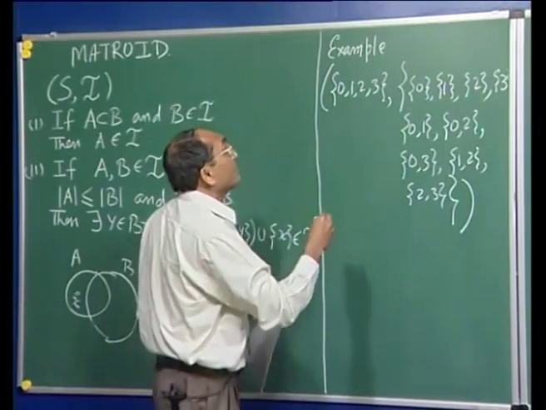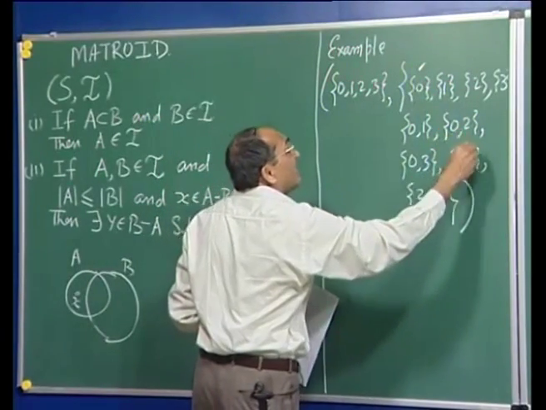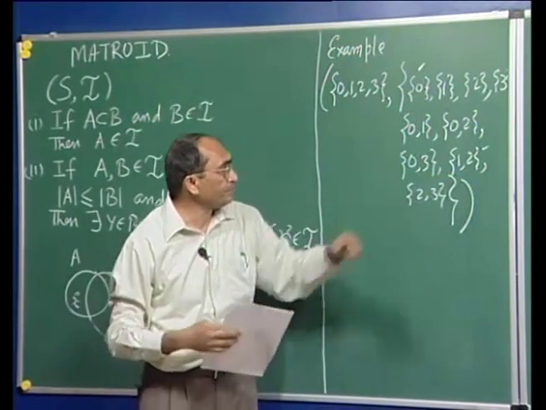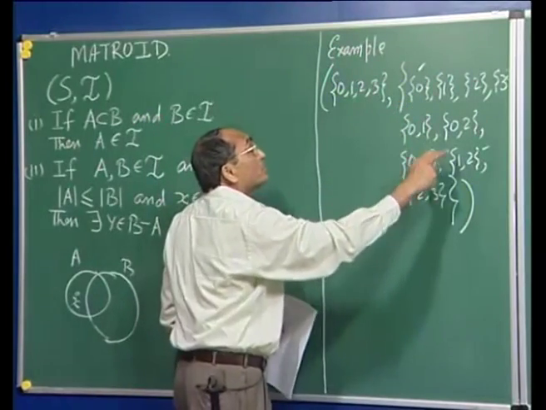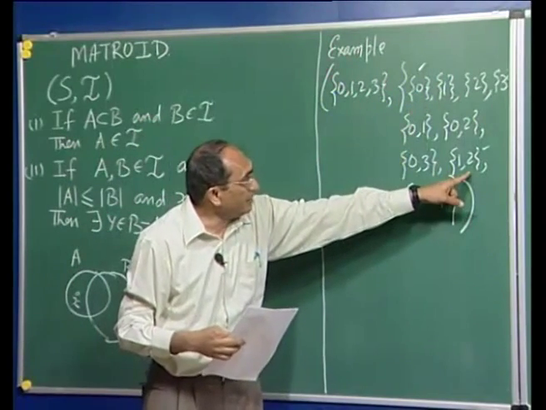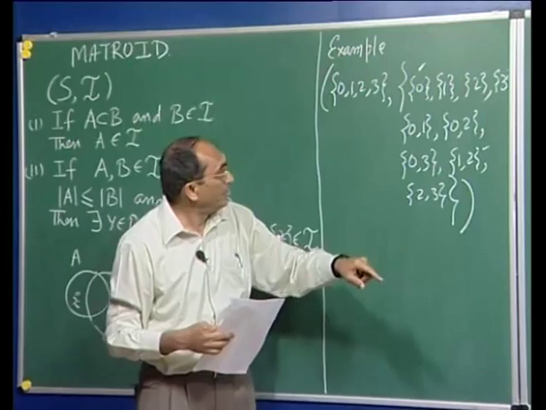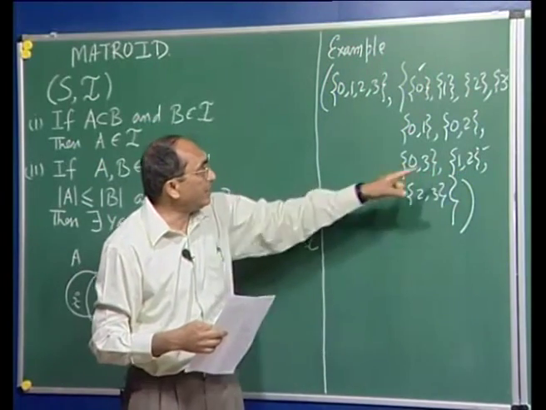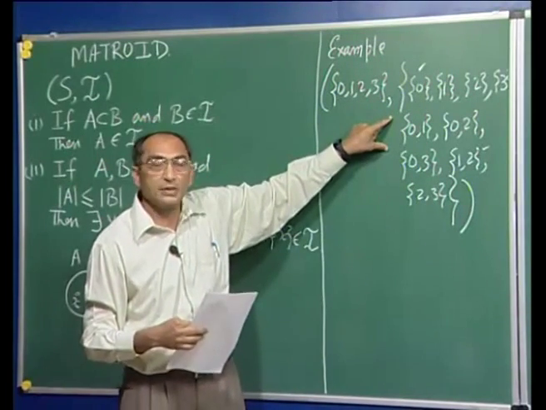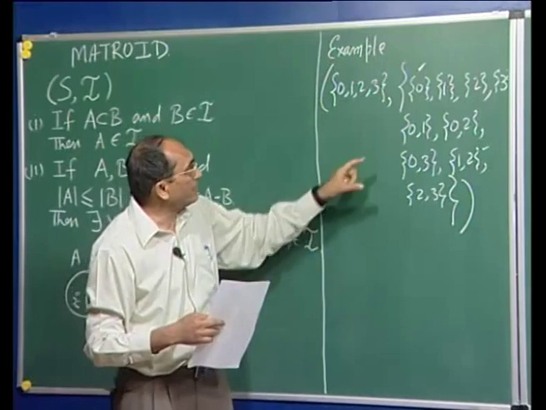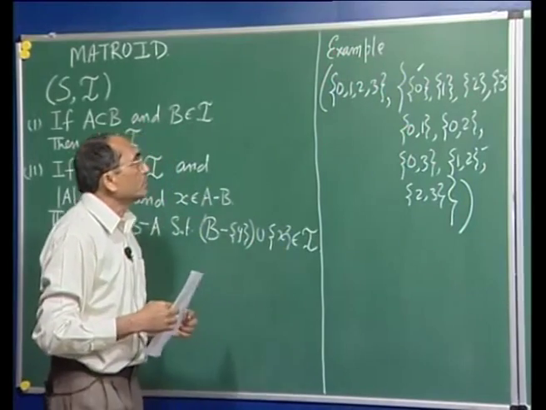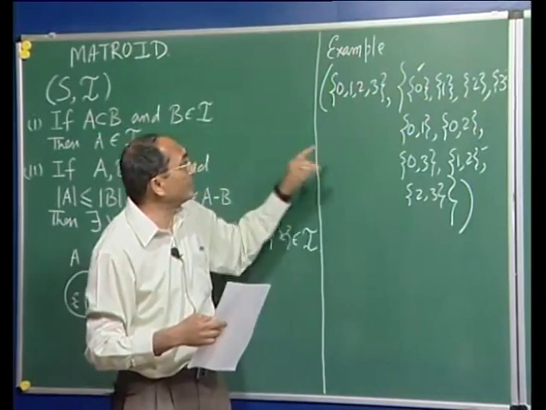Now, if you consider this set and this set, if we take this as A and this as B, then 0 belongs to A minus B. Then there is an element in B, namely 2, such that B minus 2 union 0, namely {0, 1}, is also a member of this collection. The subset property is quite trivially satisfied in this case. So, one can verify that this is an example of a matroid.